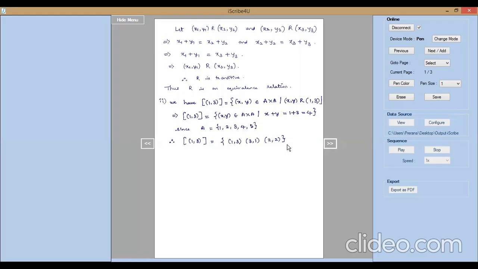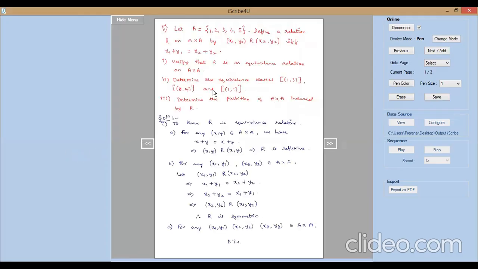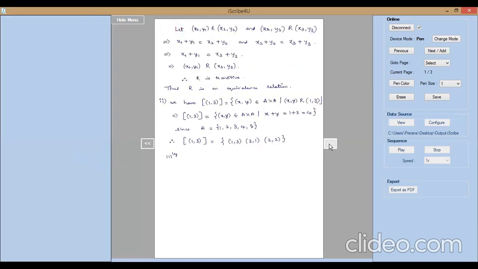Now similarly, in this manner we will find the equivalence class of, what is the next sub question? Equivalence class of 2, 4, and equivalence class of 1, 1. So for the equivalence class of 2, 4, the sum should be equal to 6. Correct? So x comma y belonging to A cross A such that x plus y is equal to 2 plus 4, which is equal to 6.